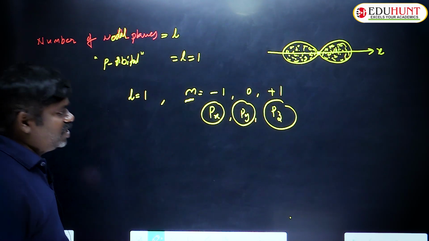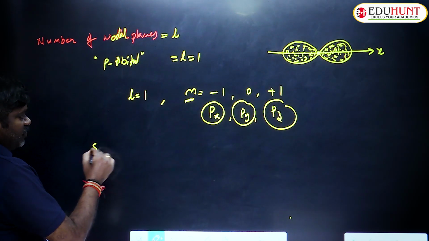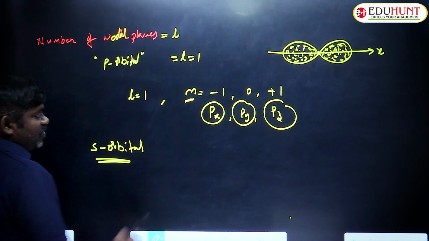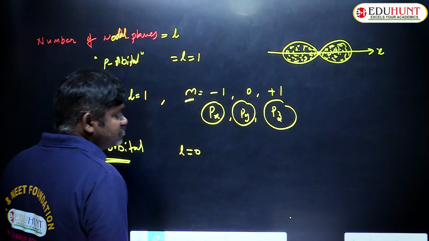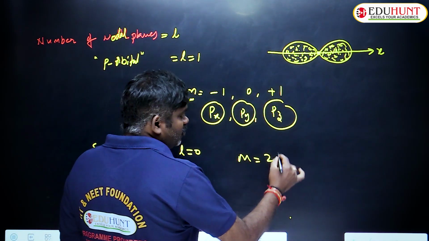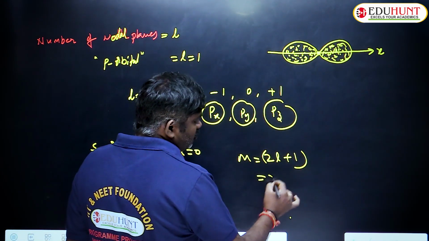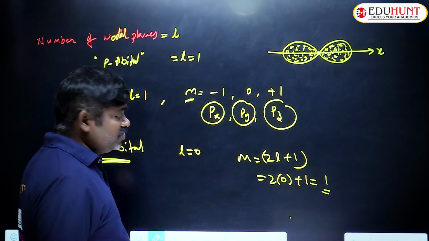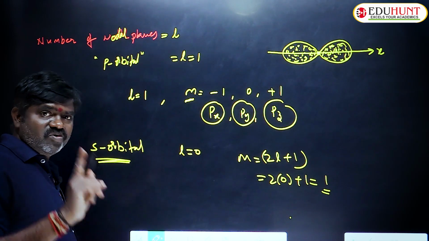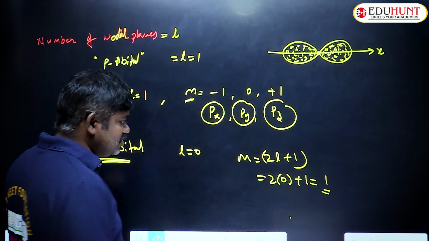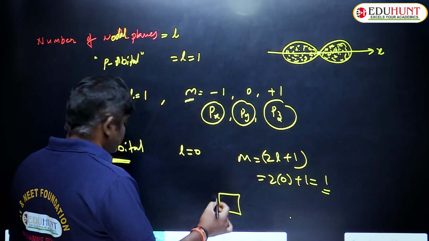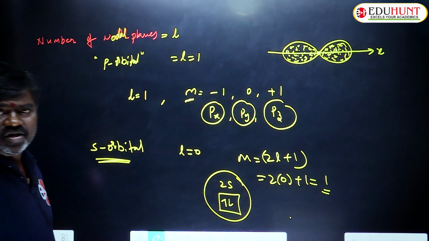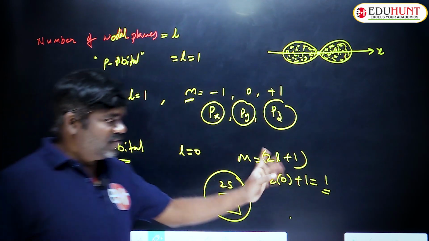For example, take the number of spatial orientations for an s orbital. For an s orbital, l is 0, then the number of m values is 2l plus 1, like 2 into 0 plus 1, which equals 1 only. So every s orbital is only one orbital. Take the 2s orbital: maximum electrons present is 2 only, because only one orbital is present.